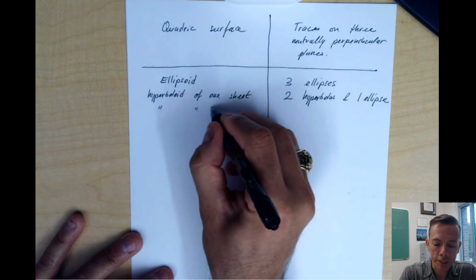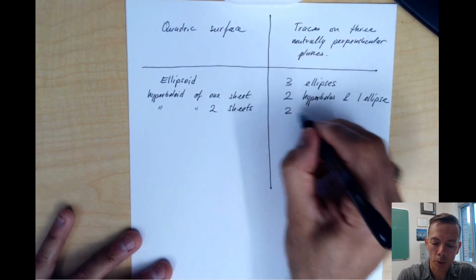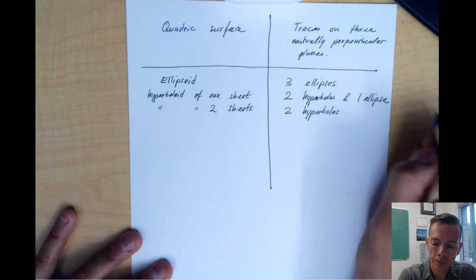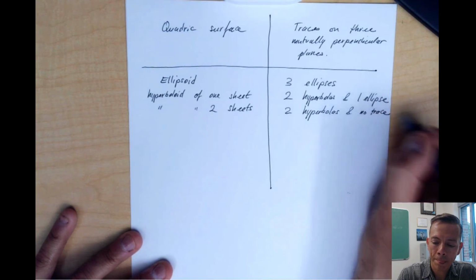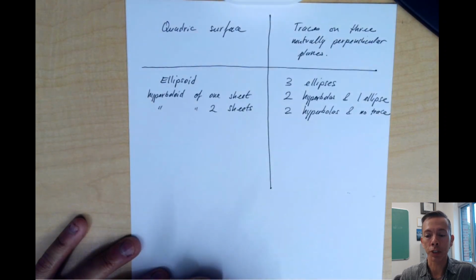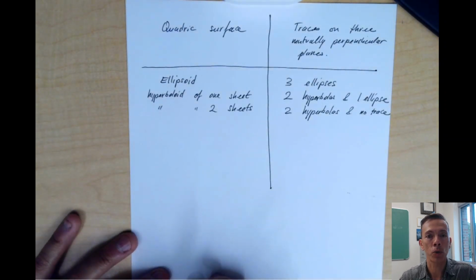A hyperboloid of two sheets is very similar. You also get two hyperbolas. But because there's a gap between the two sheets, the third trace will not exist, because the plane will go right through the middle and not intersect the surface at all.